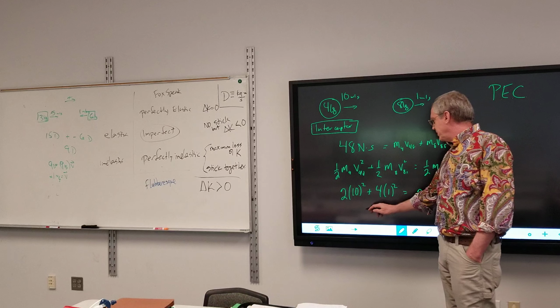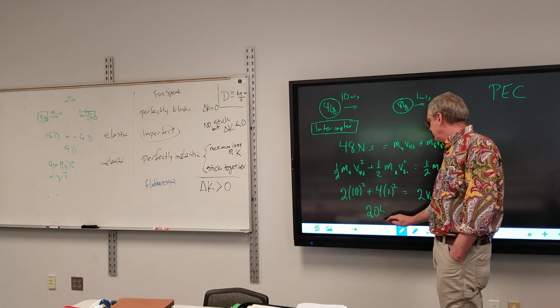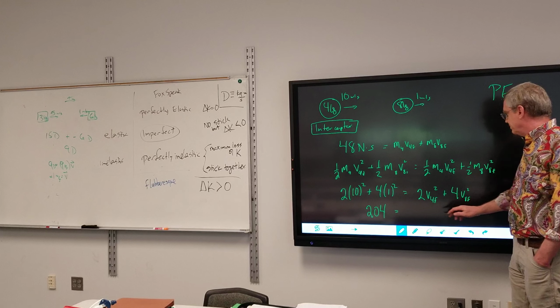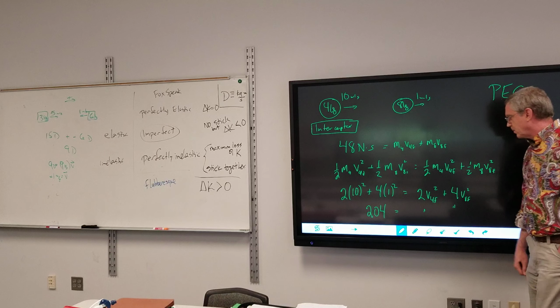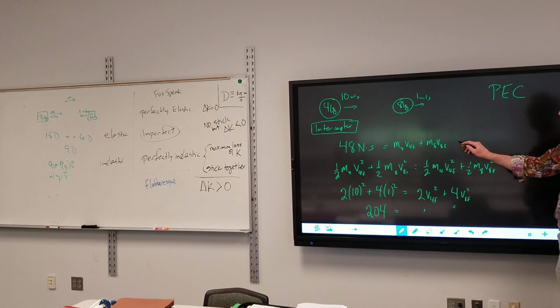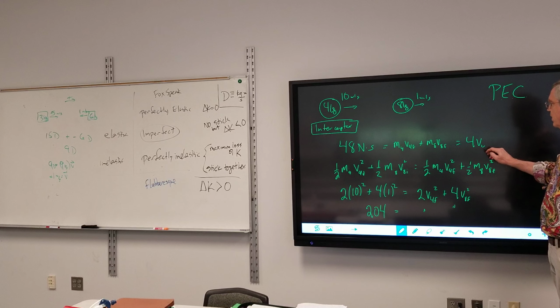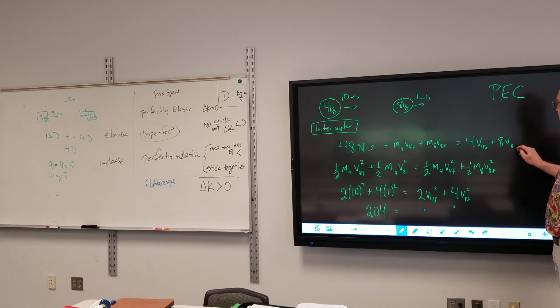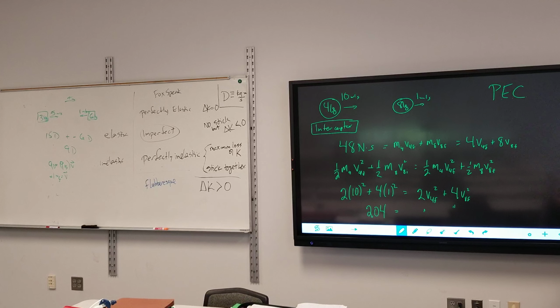Again, doing the fancy math, we get 204 is equal to this. Up here, that's going to be 4 v4f plus 8 v8f.